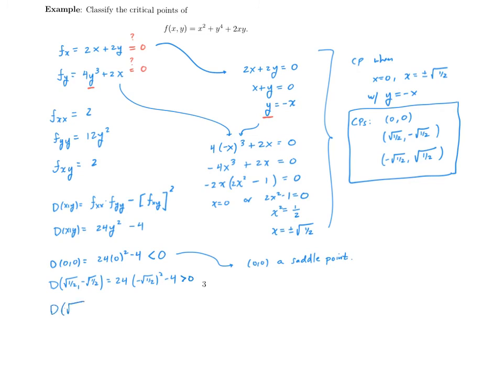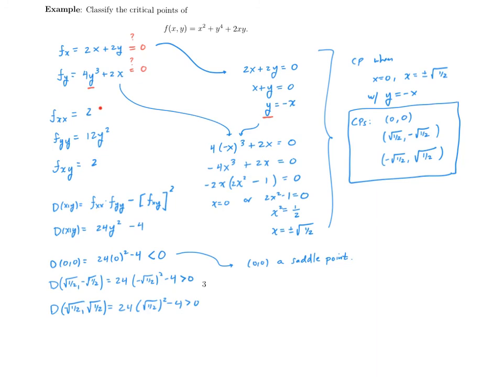Similarly, d of minus the square root of 1/2 positive the square root of 1/2 ends up being exactly the same, which is positive. And because d at these remaining 2 critical points is positive, we know that we will have a local maximum or a local minimum. It all depends upon that second derivative.